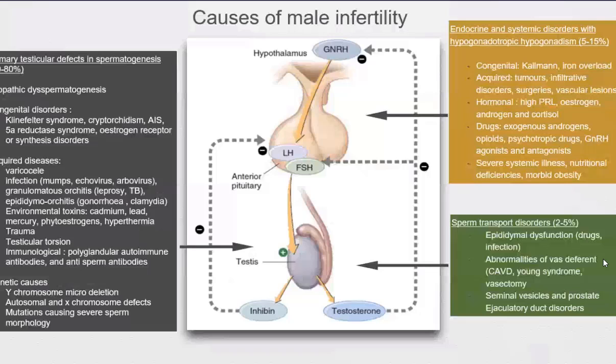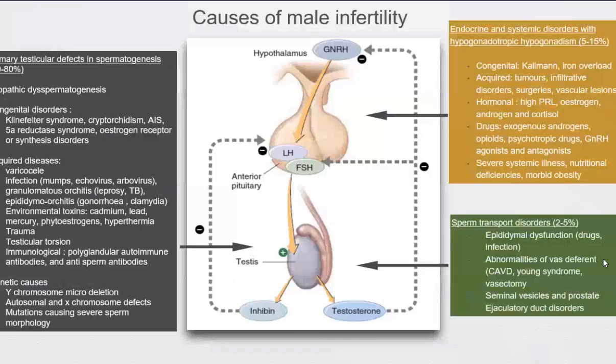Genetic causes, for example, Y chromosome microdeletion, whereby the patient typically presents with azoospermia, can be picked up by doing chromosomal studies. Autosomal and X chromosome defects and also mutations will also cause severe sperm morphology abnormalities. So for the endocrine group, congenital disorders include Kallmann syndrome. Usually the commonest that we encounter is idiopathic hypogonadotropic hypogonadism.